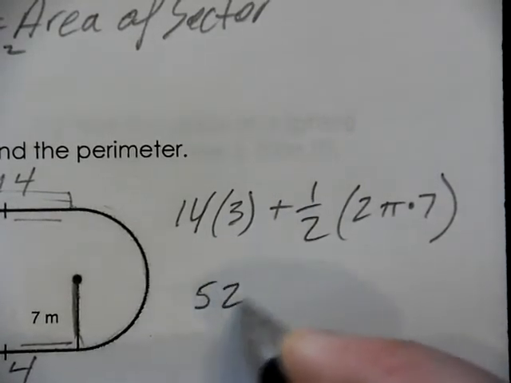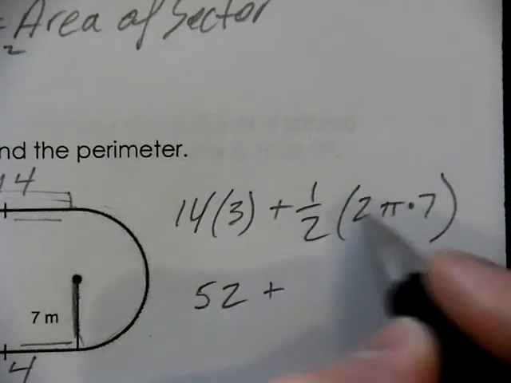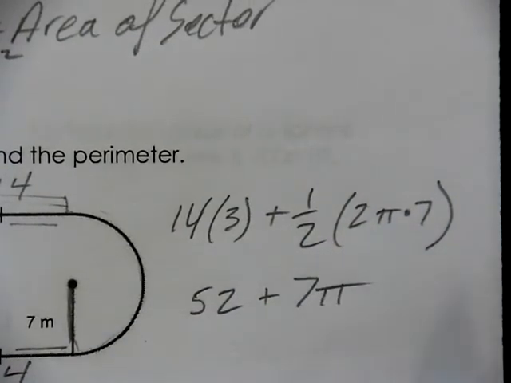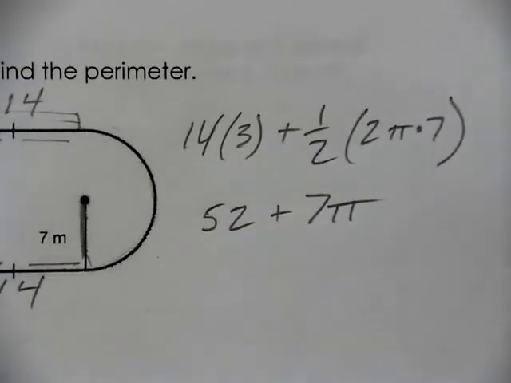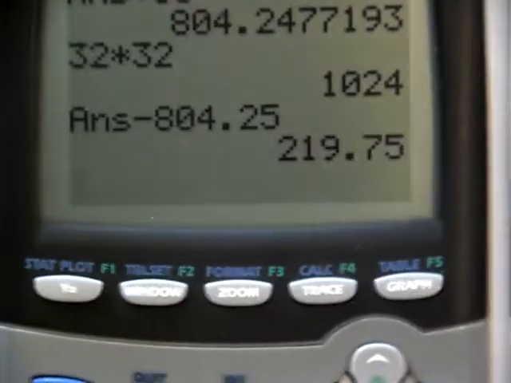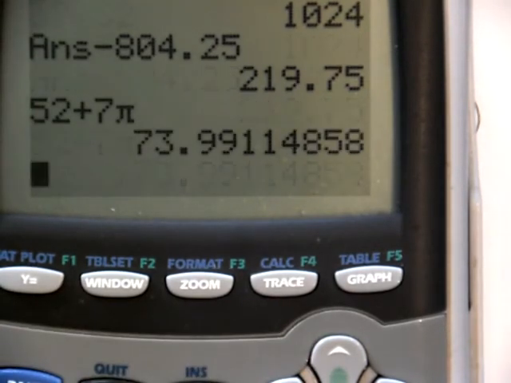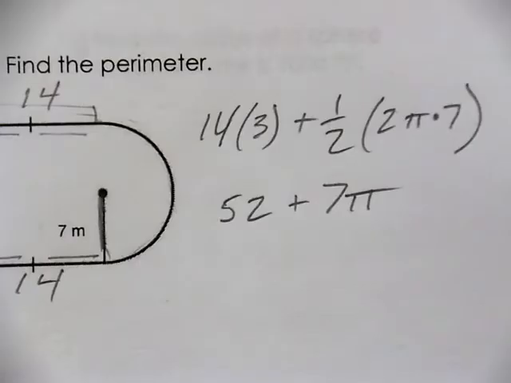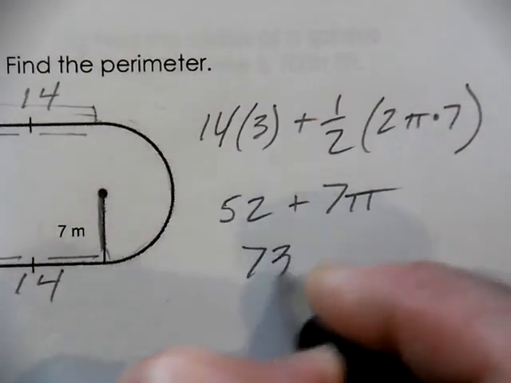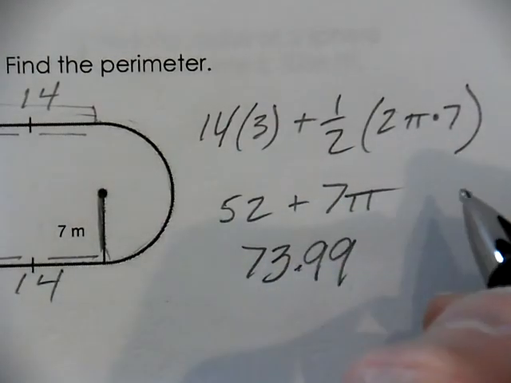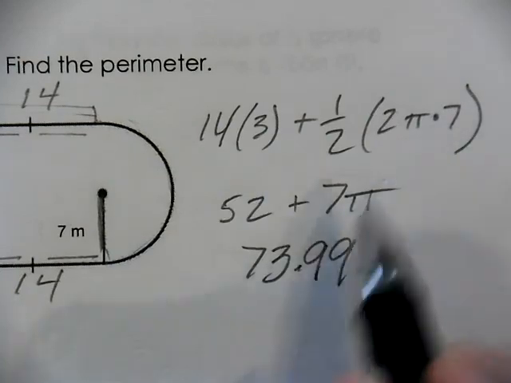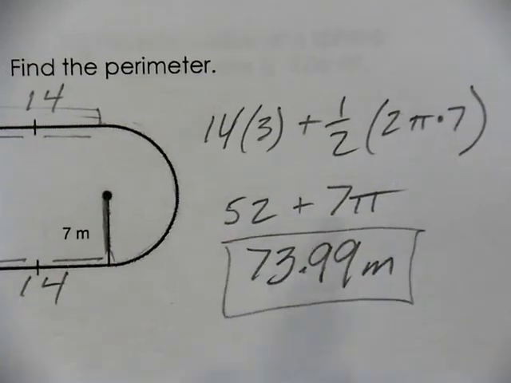So this is 52 plus 7 pi, that's kind of the exact answer. And in the decimal version, 52 plus 7 pi. That should be 73.99. These are meters. Alright, those are your circles.